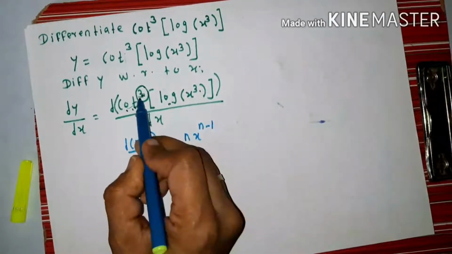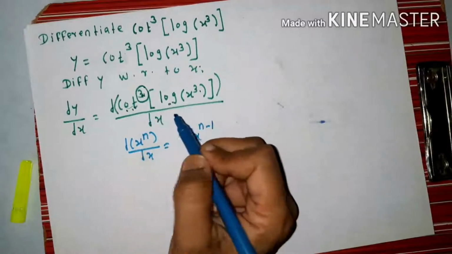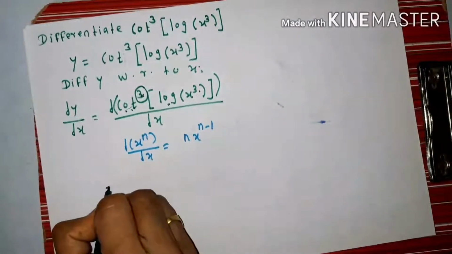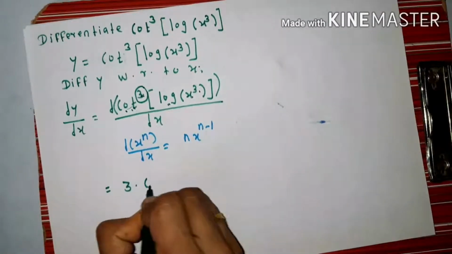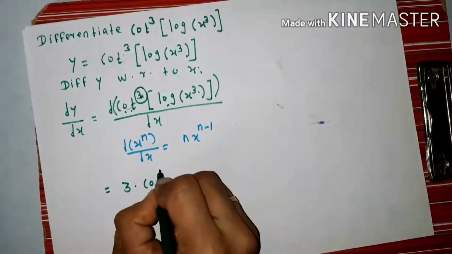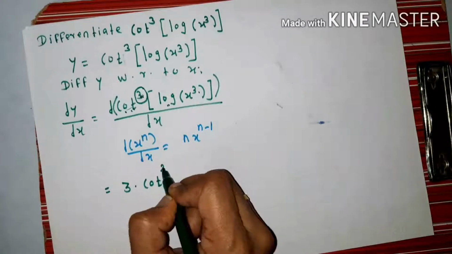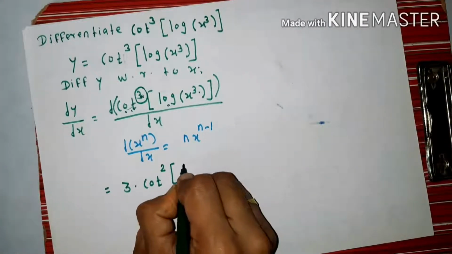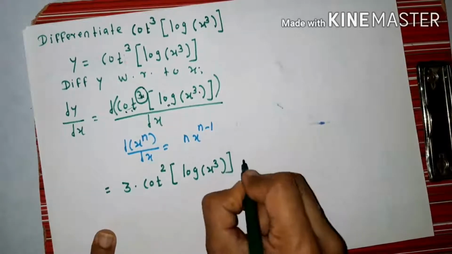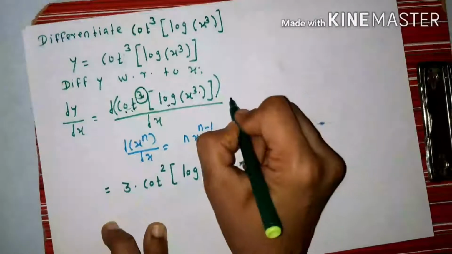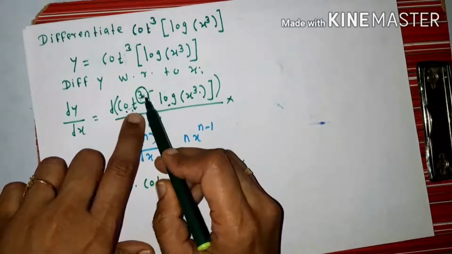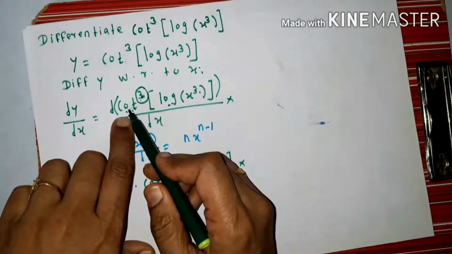So power is 3 here, means n equal to 3, and that's why the differentiation is 3 into cot square, means n into x raised to n minus 1, means 3 cot raised to 2, n minus 1 is 3 minus 1 is 2, and that is log of x cube into, see, this is the differentiation of power function, and after power function the function is cot x.